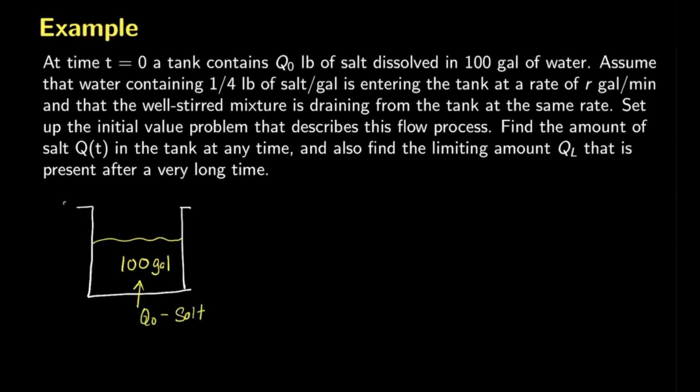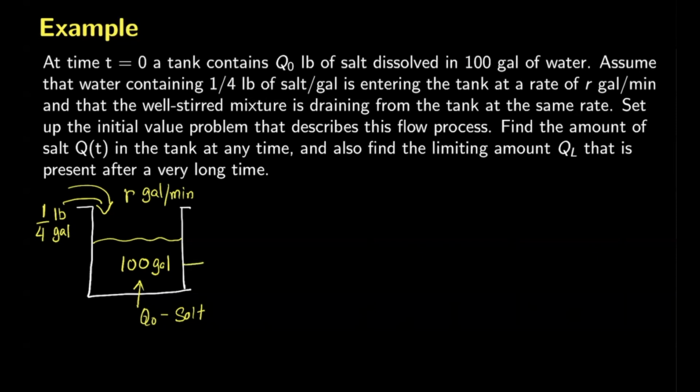Then there is a solution entering into the tub at r gallon per minute. In 1 minute, we put r gallon of solution into this. And the concentration of the solution is 1/4, meaning 1 pound of salt per 4 gallon. So in 4 gallon, if you extract the salt, there is 1 pound of salt in it.